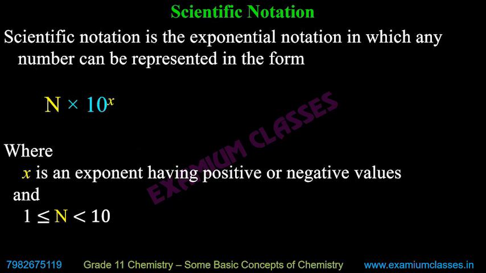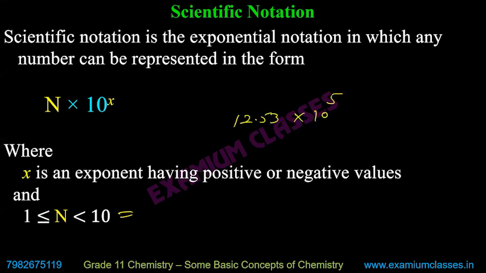Then scientific notation is of this form, where n can be from 1 to 10 but less than 10, it cannot be 10. If it is 10, obviously you will convert this into 1.0 into 10 to the power 1. It cannot have 2 digits before the decimal. I am talking about standard notation. Although in the answers you are allowed to write something like 12.53 into 10 to the power 5, it's not wrong.